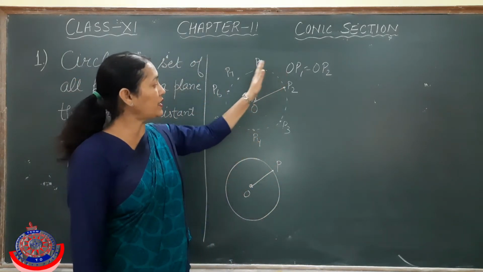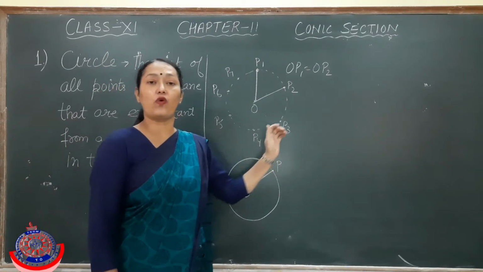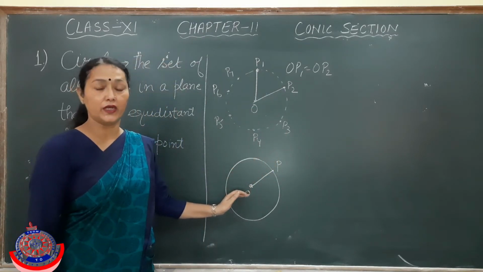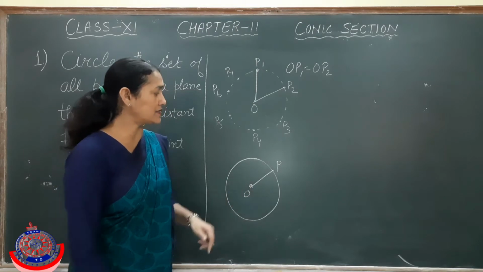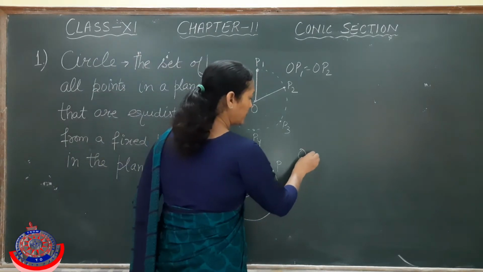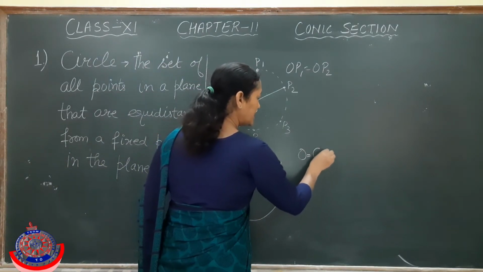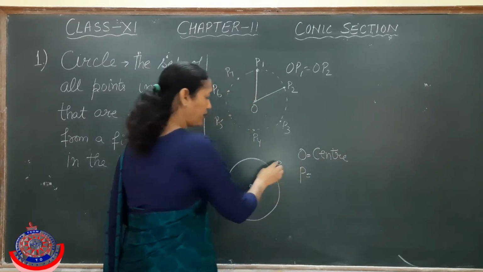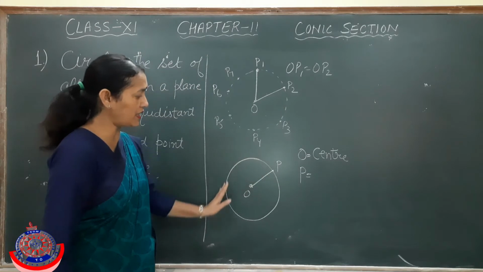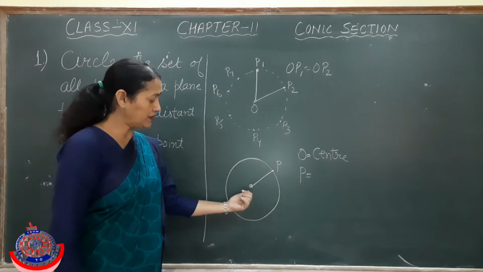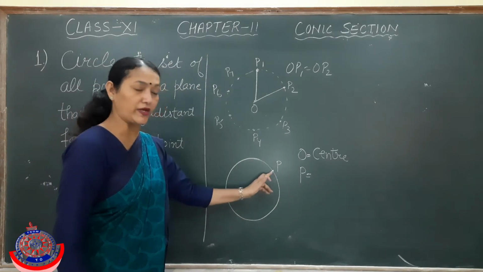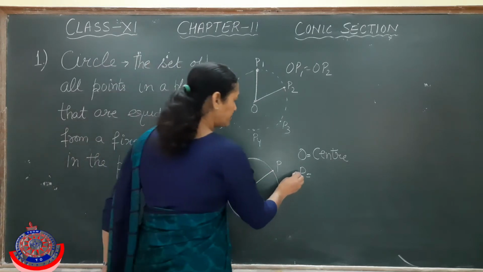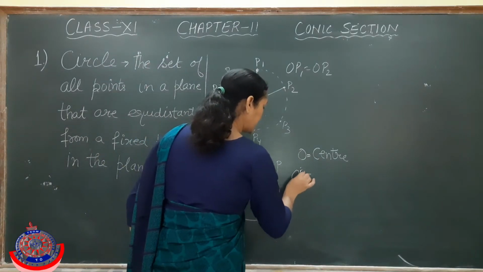So figure obtained by joining all these points is called circle. Now as you know that this fixed point O is called center of the circle, and the distance between this fixed point and these points is called radius.